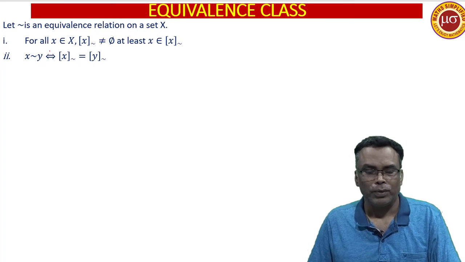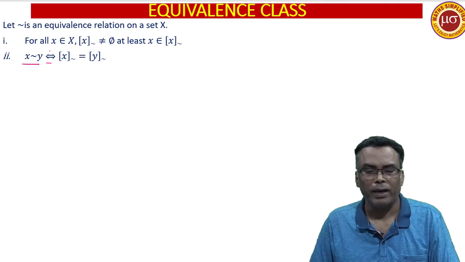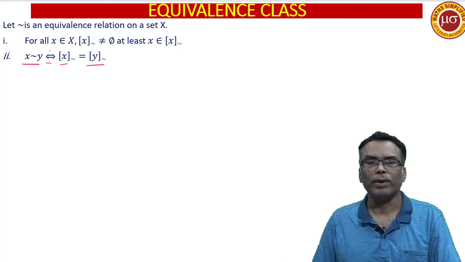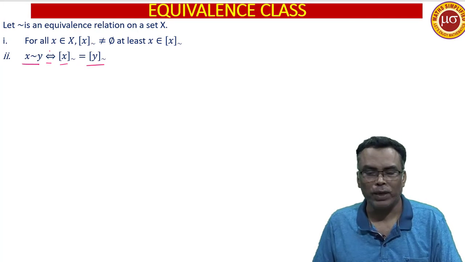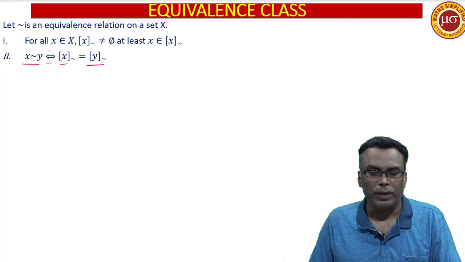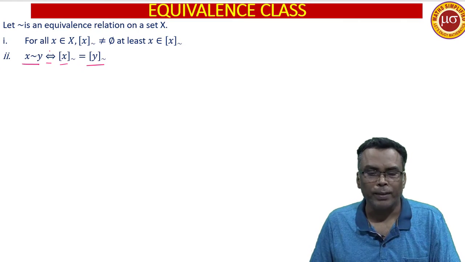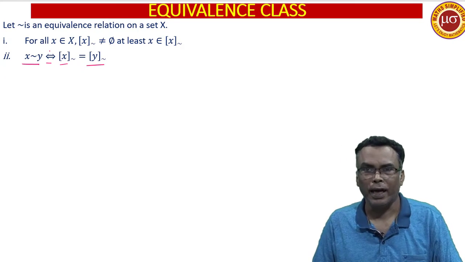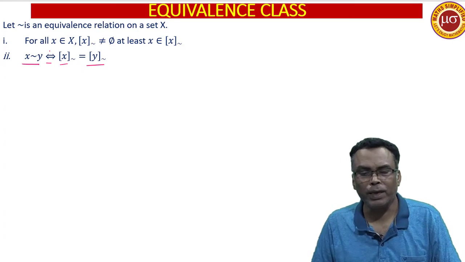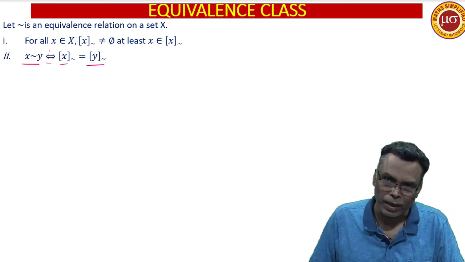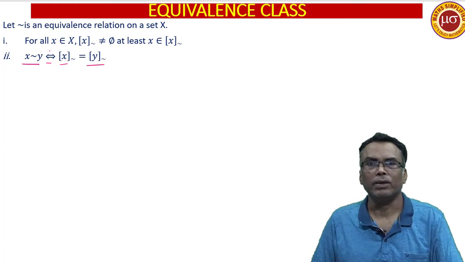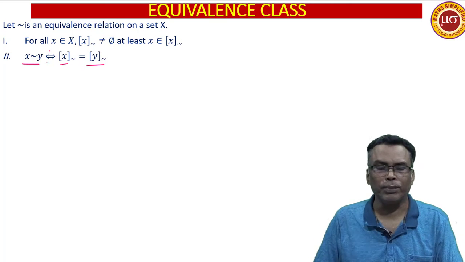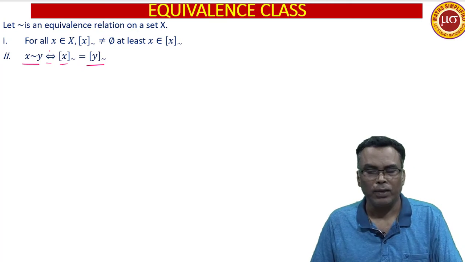That means x is related to y if and only if the equivalence class of x equals the equivalence class of y. Indirectly we want to prove that x related to y implies the equivalence class of x equals the equivalence class of y, and again if the equivalence class of x equals the equivalence class of y, then x is related to y. So here the proof consists of two parts. The first part is called the necessary part.